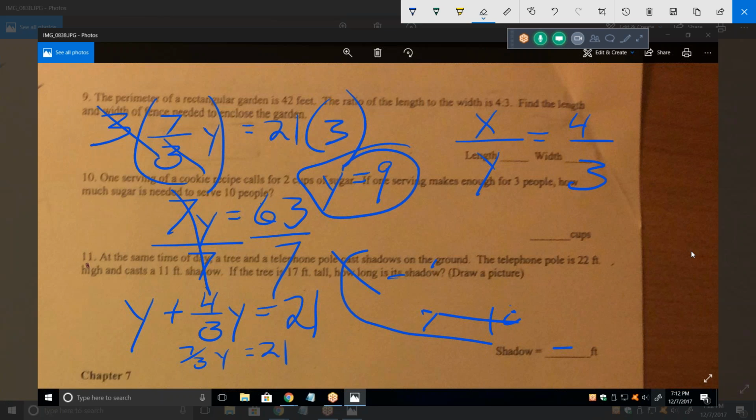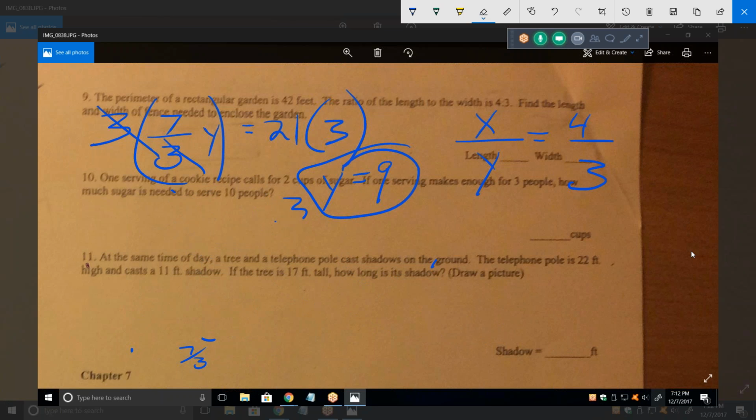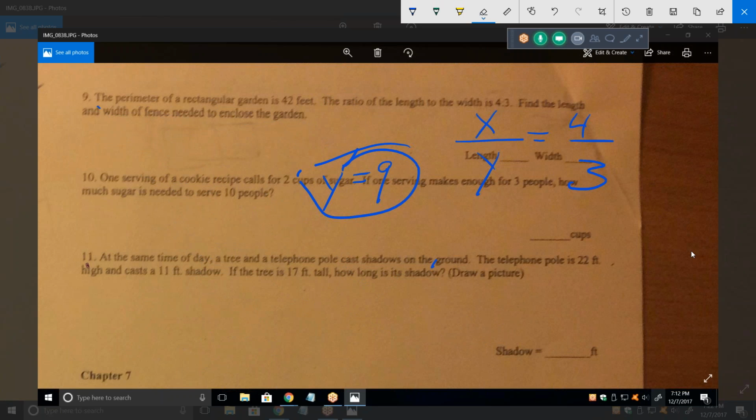Plug in 9 for y and solve for x. Give me the equation. First write it. Always write the equation and then solve it.